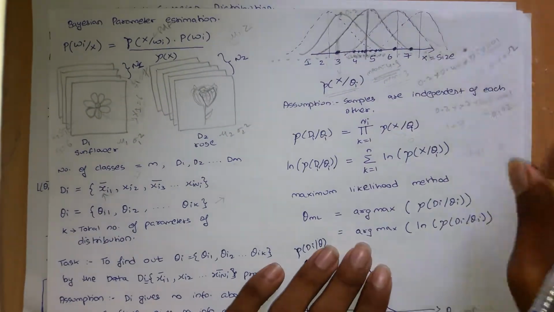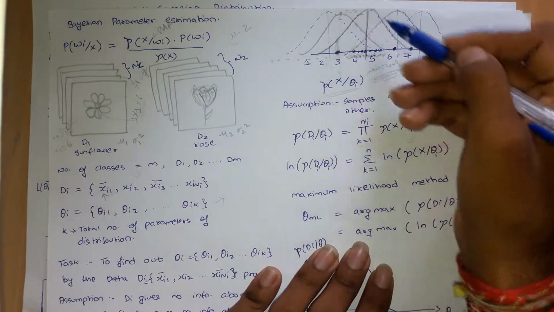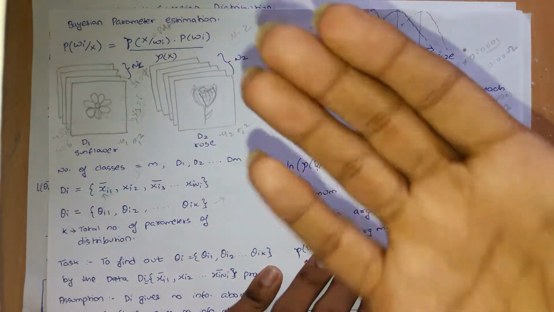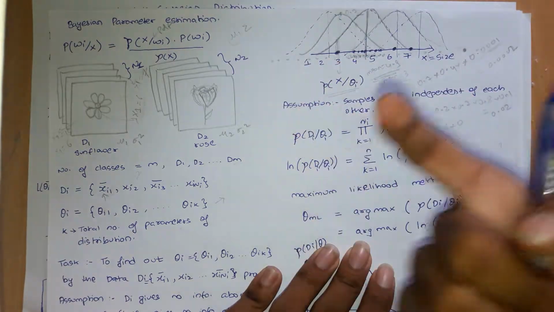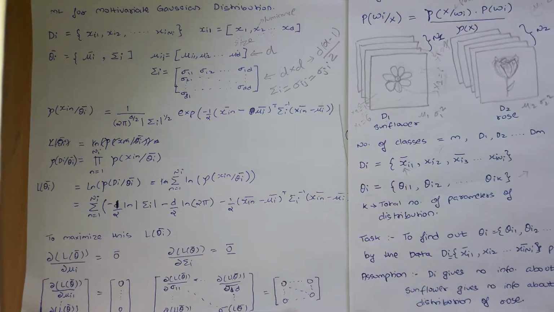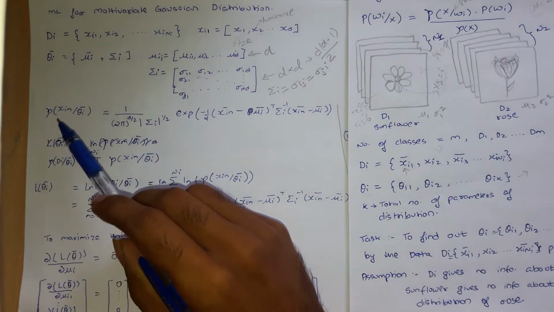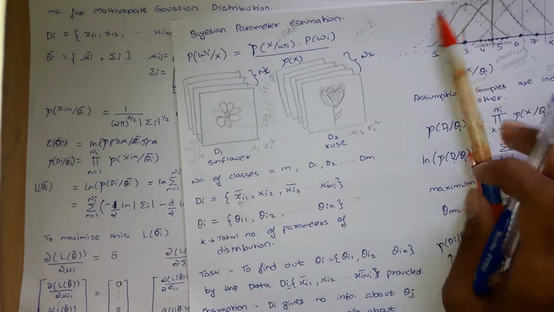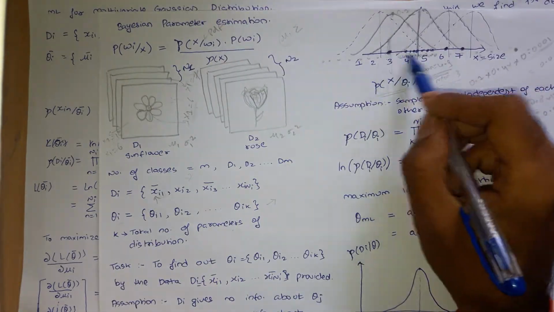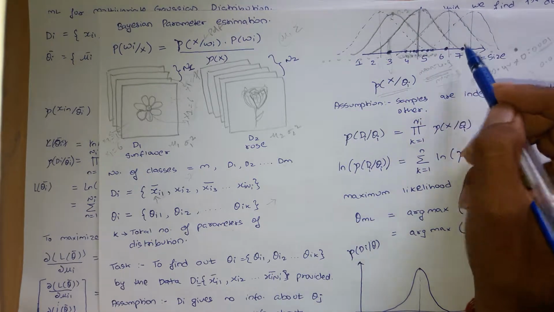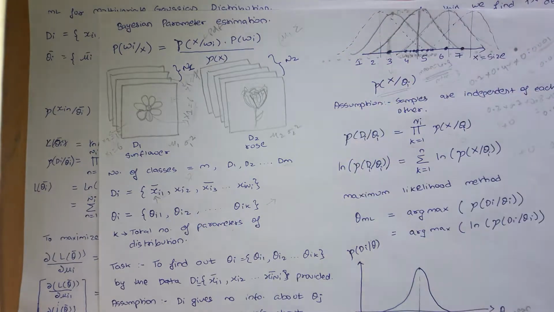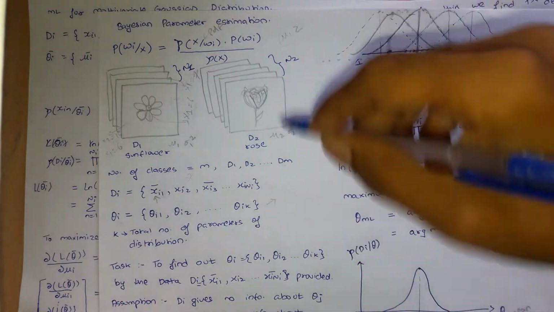This is the same case, it is just that now these are 2D. There is a new dimension which will tell you the luminance. That is the only thing that is added, nothing else. This is for a particular sample. Here, because it is 1D, the samples will be on a line, but when it is 2D, the samples will be on a plane, one feature axis and another feature axis.